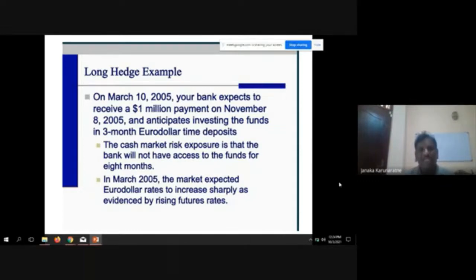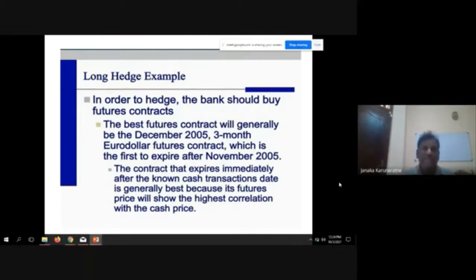Similarly, value of cash market, euro dollar deposit also come down, right? So the best futures contract will generally be the December 2005.